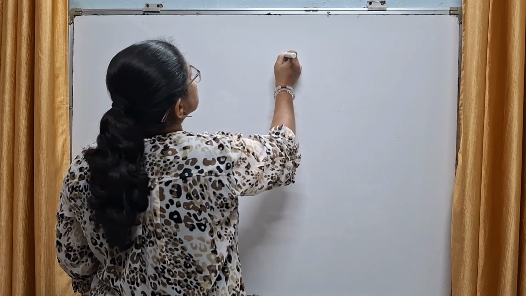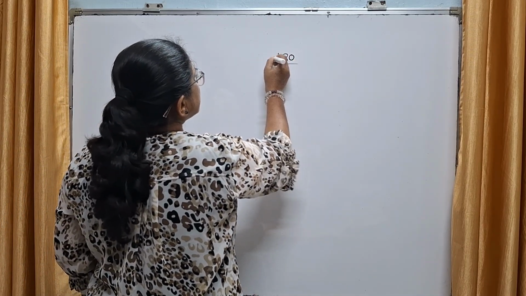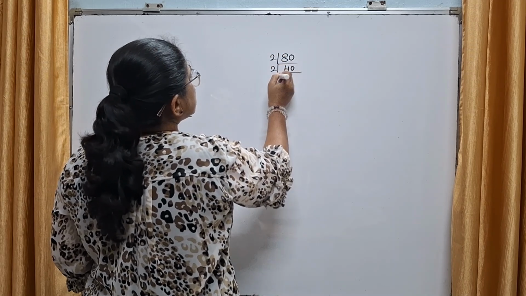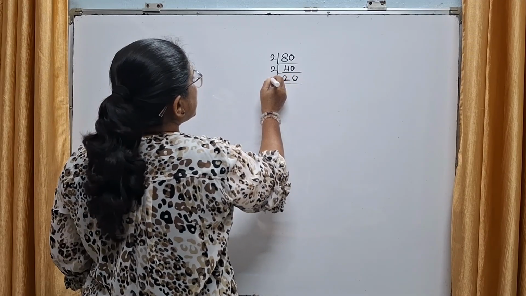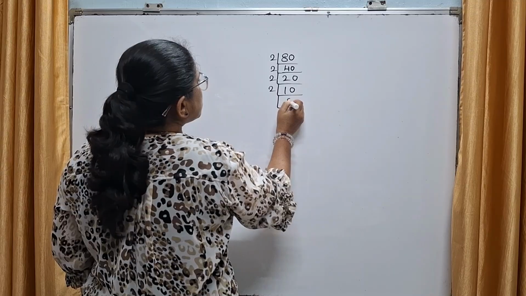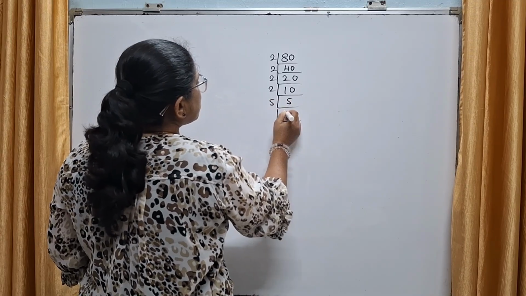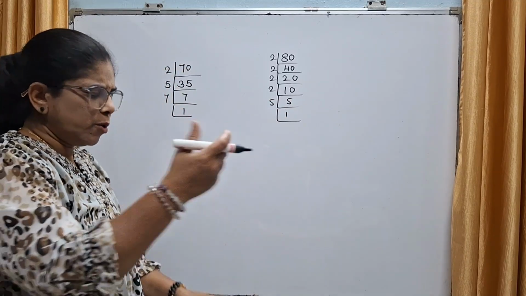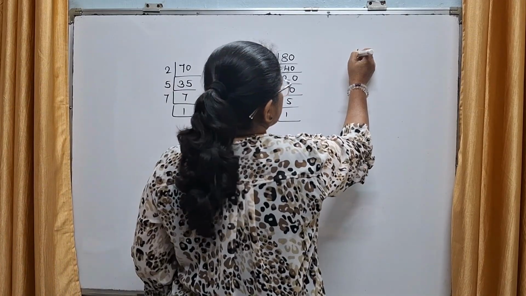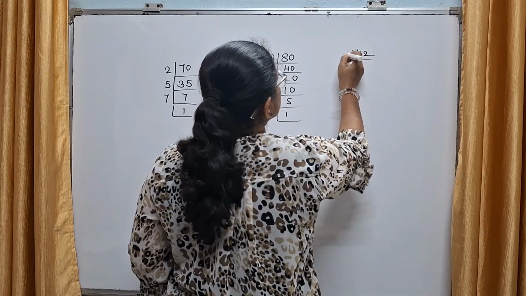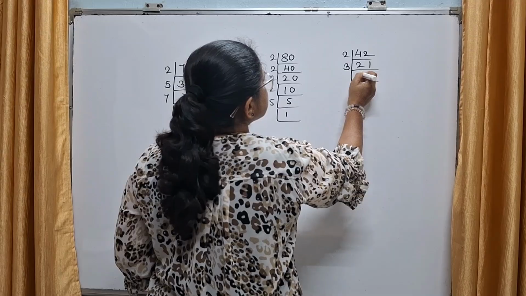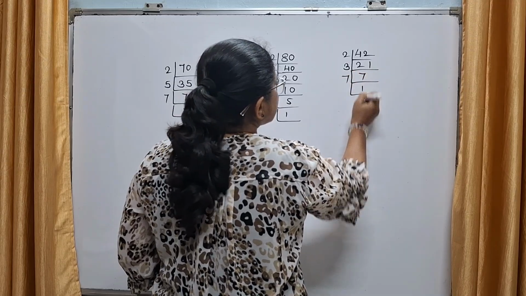Let's say we'll start with 80. 2, 40, 2, 20, 2, 10, 2, 5, 5, 1. Okay. One more I'll take. Let's say 42. 42, 2, 21, 3, 7, 7, 1.